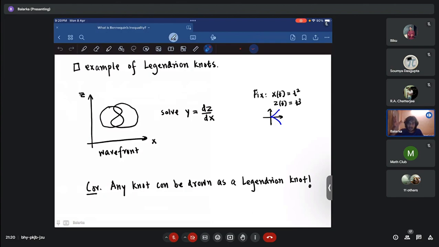If you have one knot and another knot, we say they are equivalent if there's a smooth isotopy between them through knots, right? Through smoothly embedded knots. And you would like to have a similar equivalence relation for Legendrian knots, where two Legendrian knots are equivalent if they're connected by a family of Legendrian knots, a smooth isotopy of Legendrian knots.